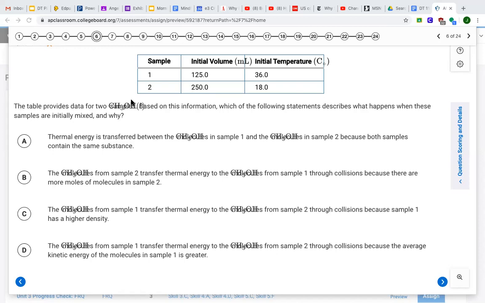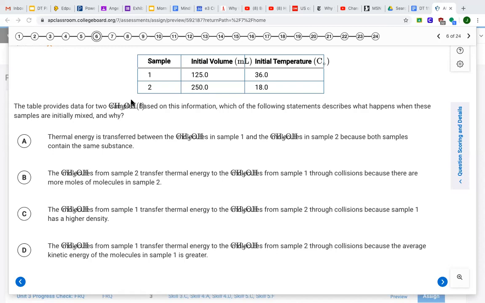But D, right? Sample 1 transfers thermal energy to sample 2 through collisions because the average kinetic energy of the molecules in sample 1 is greater. Okay, what's the value in the table that tells you that sample 1 has molecules of greater average kinetic energy than sample 2?